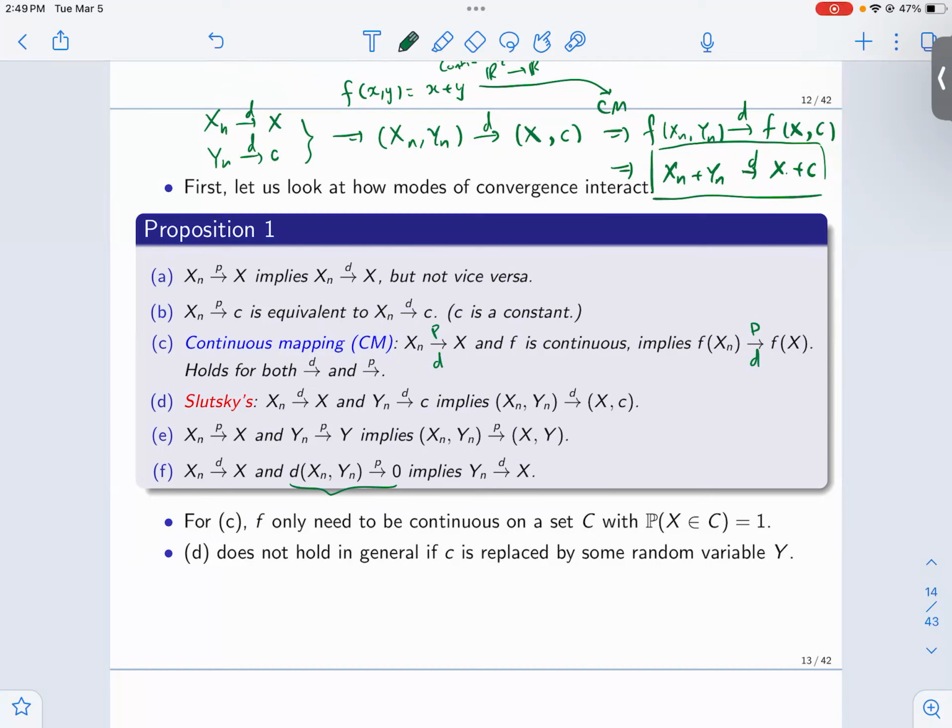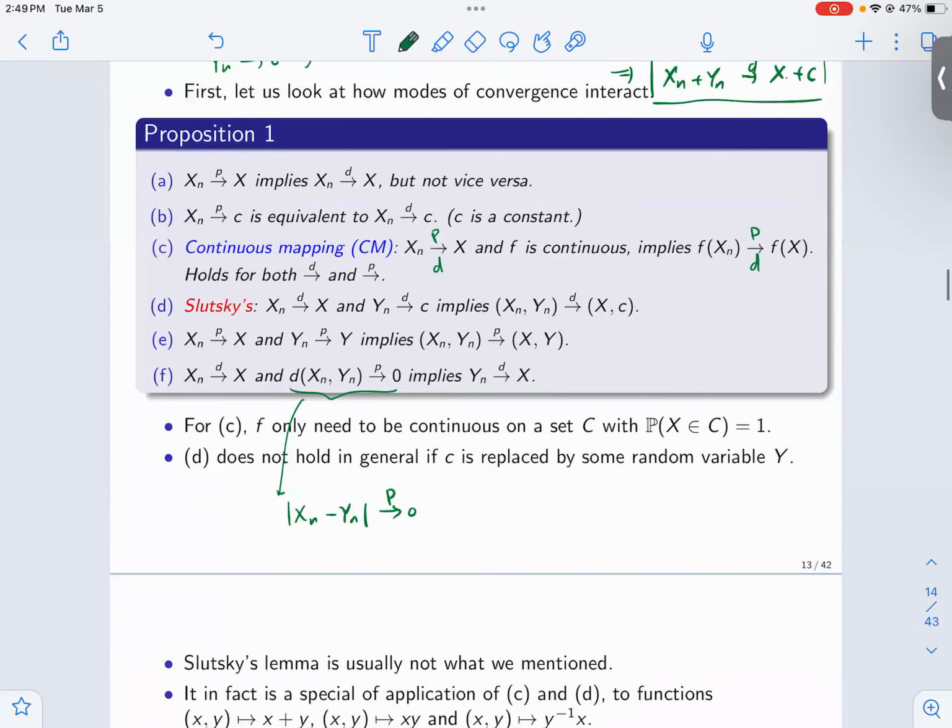In the scalar case, this is just saying Xn minus Yn converges in probability to zero. So I have a sequence whose distance to another sequence converges in probability to zero, and that other sequence converges in distribution, then my first sequence converges in distribution to the same limit. Sounds good.